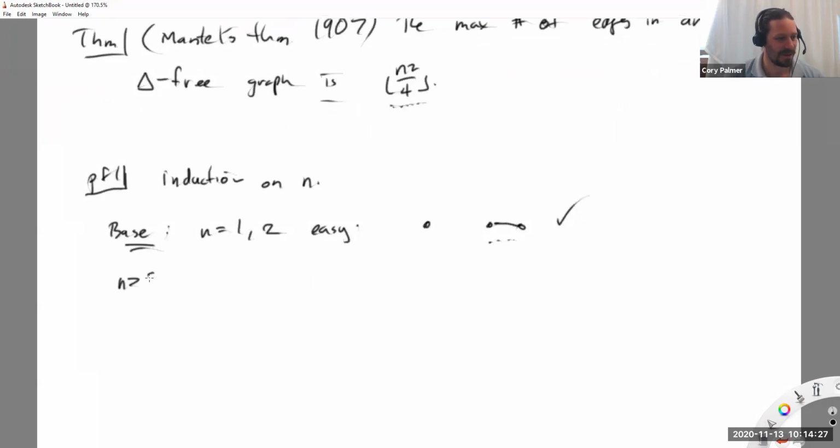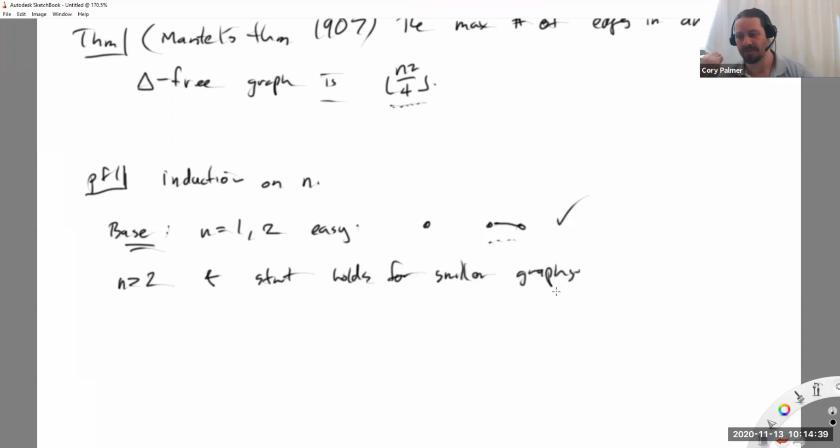So now we're going to let n be greater than 2, and the statement holds for smaller graphs. So any graph on n minus 1, n minus 2, n minus whatever vertices that's triangle free has its number of edges bounded above by the appropriate n minus whatever squared over 4 floor.